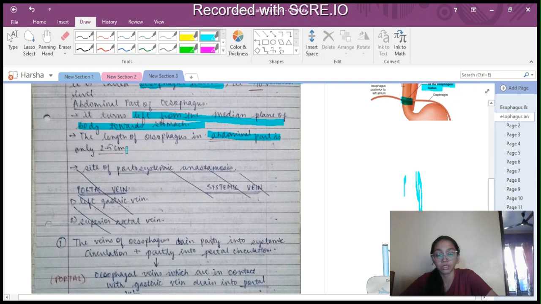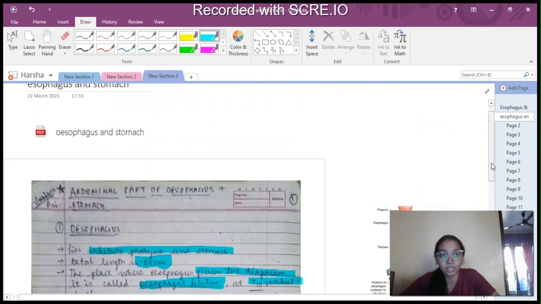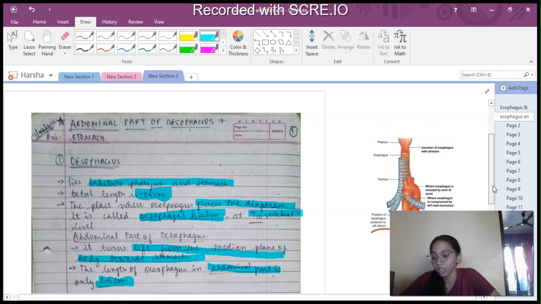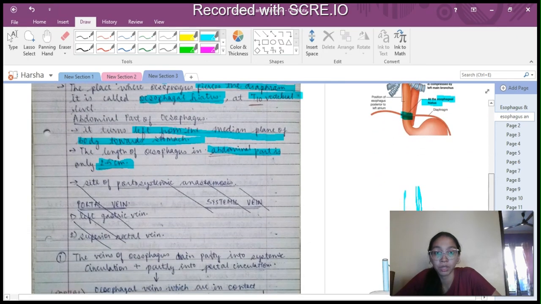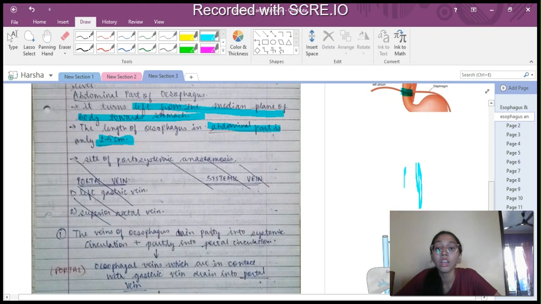It is 2.5 centimeters. The entire length of the esophagus is 25 centimeters. Only a 2.5 centimeter part is lying in the abdominal cavity. The rest is present above the abdominal cavity.